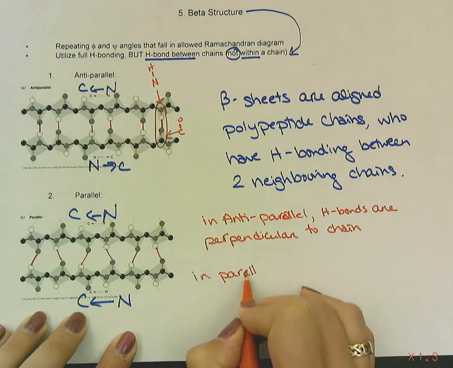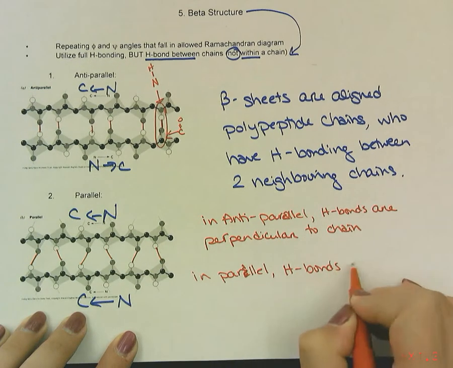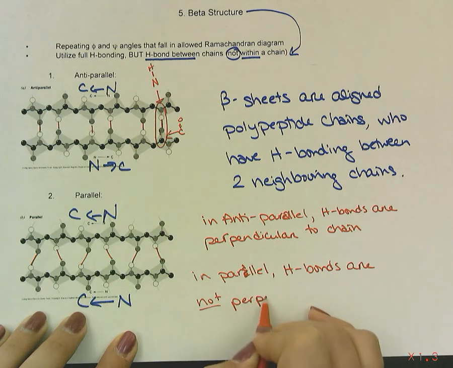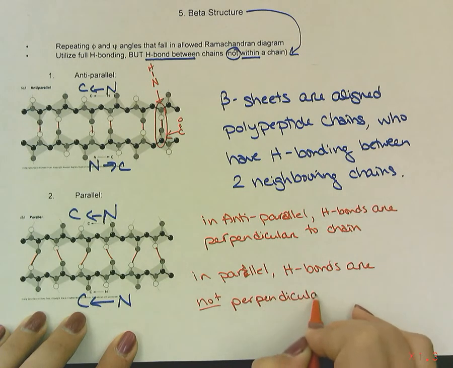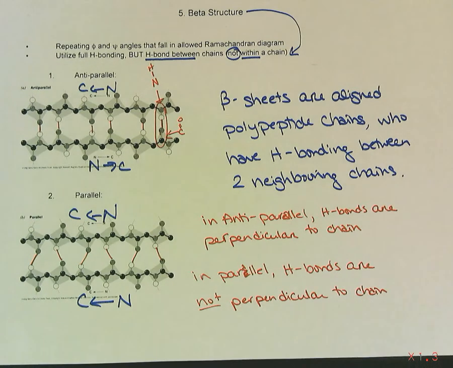So in my parallel configuration, the hydrogen bonds are not perpendicular to the chain.